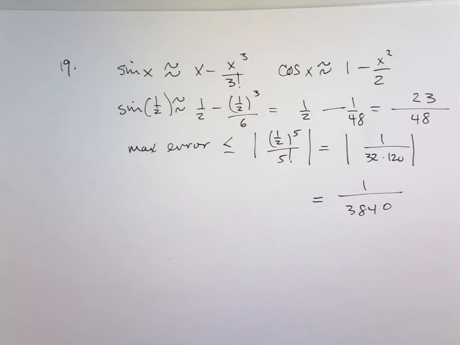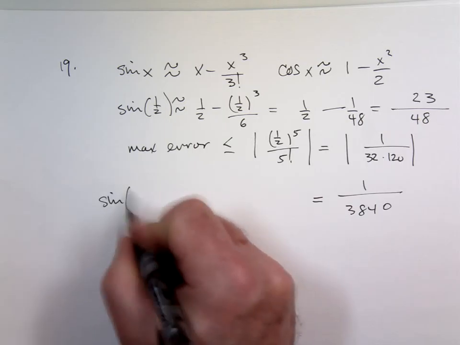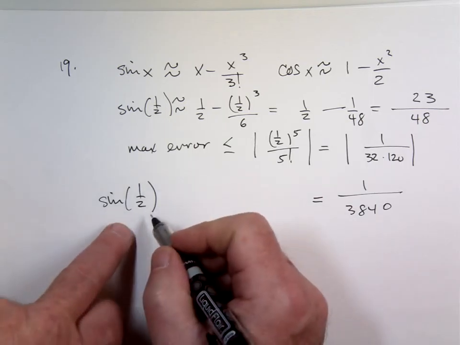If you were to do the sine of 1/2 a radian, let's just try it. On your calculator, be in radians, do the sine of 1/2.